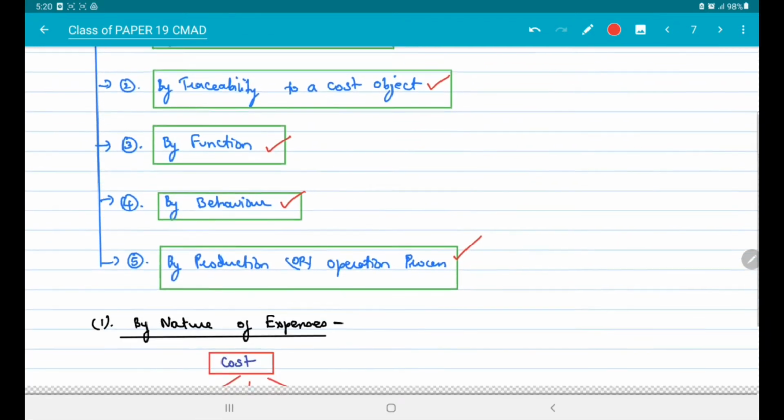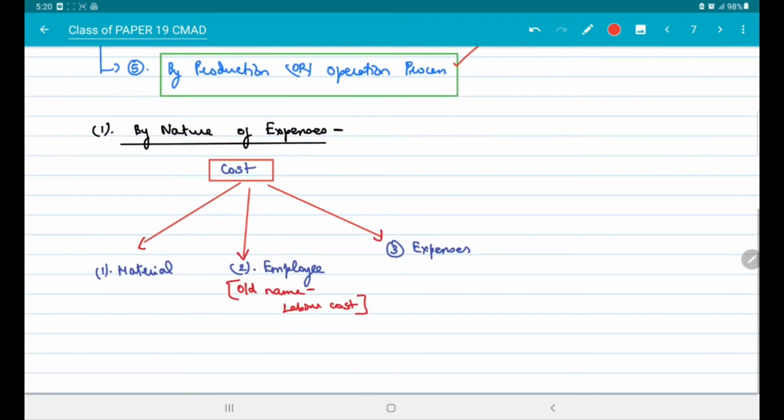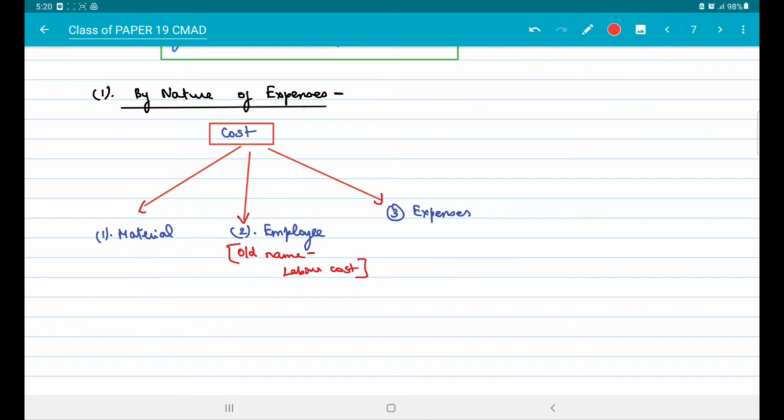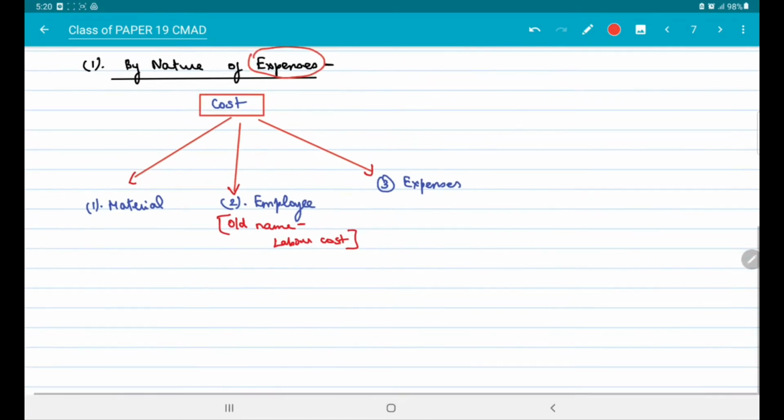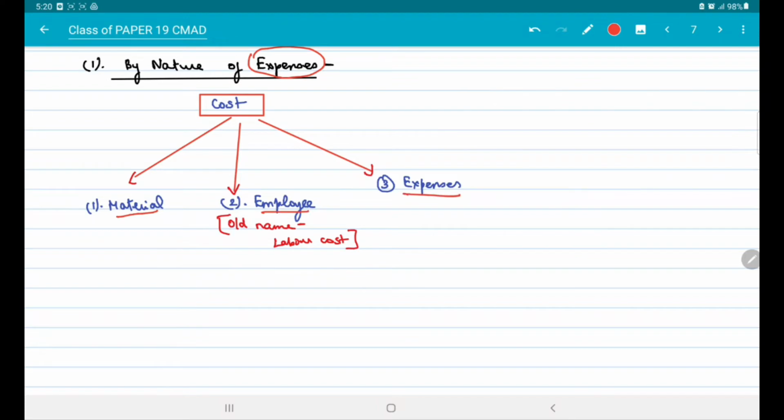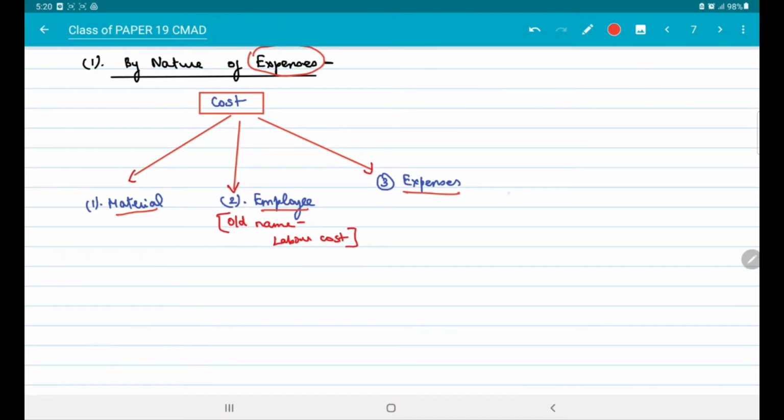Okay, so to start with, by nature of expenses, cost is divided into 3: material, employee, expenses. Material cost, employee cost, expenses.